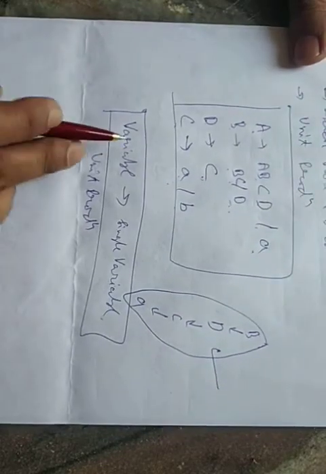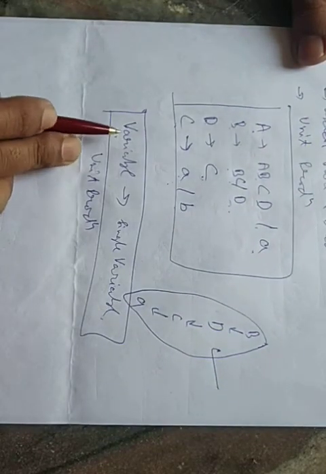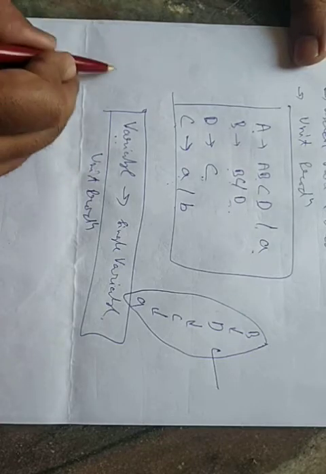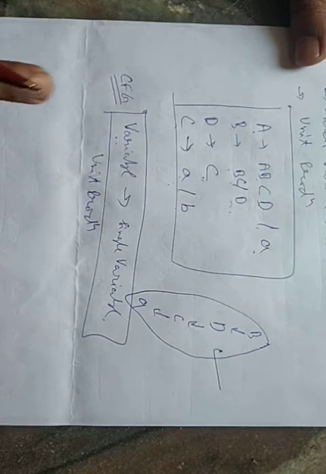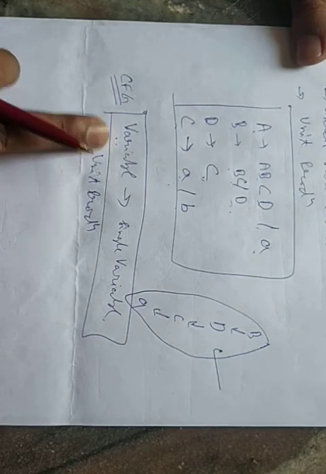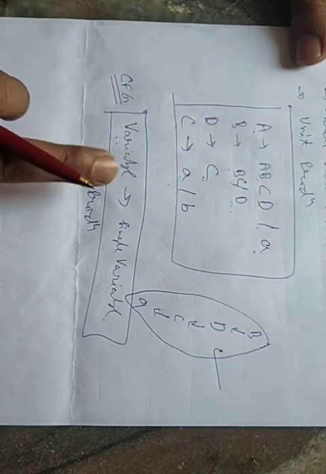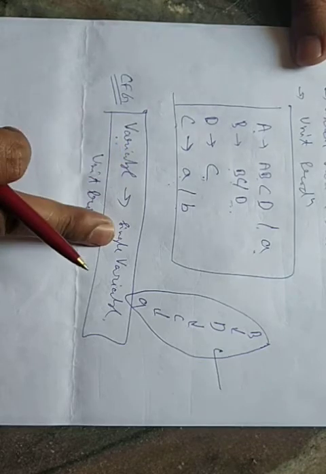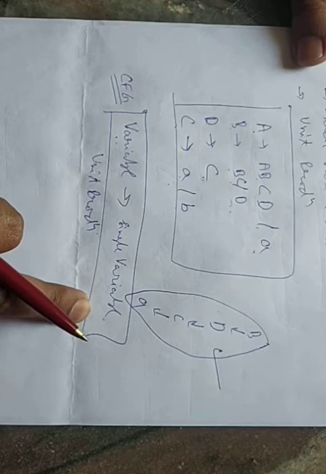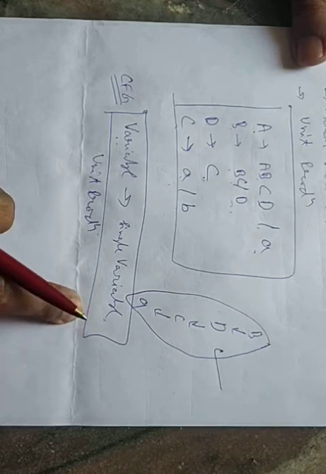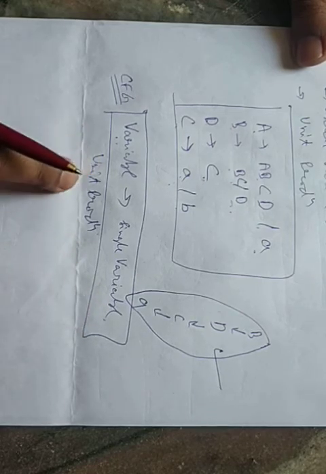Once again, why am I saying one variable? Because in context free grammar, as we already know, the left hand side contains only one variable. So if one variable is producing another single variable on the right hand side, then that is known as unit production.